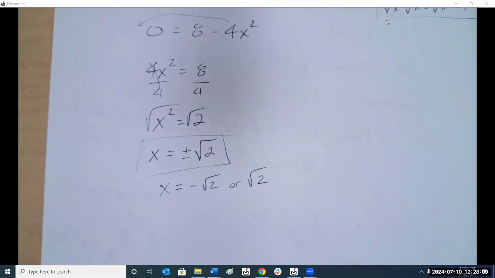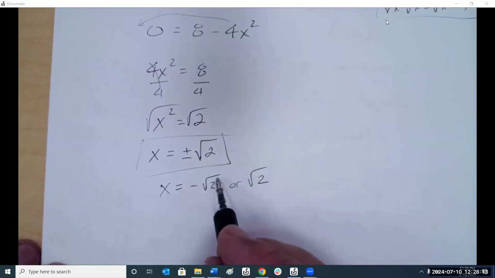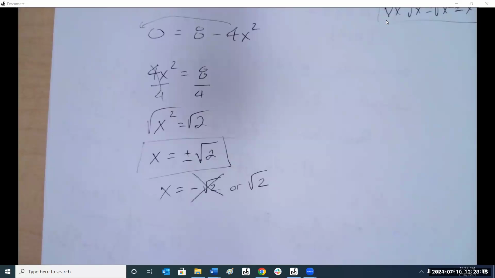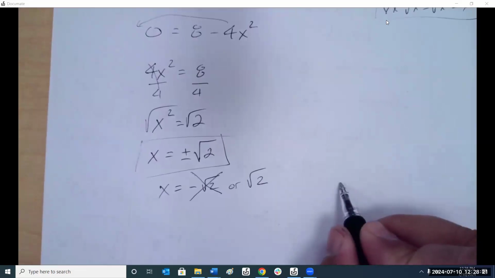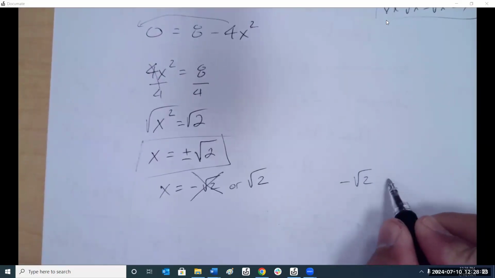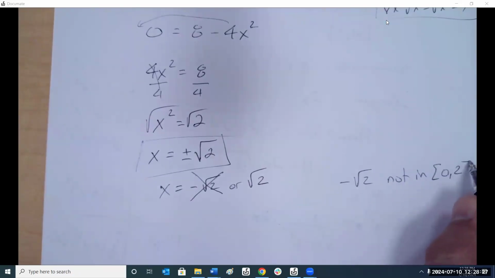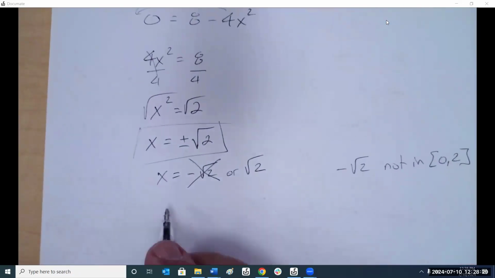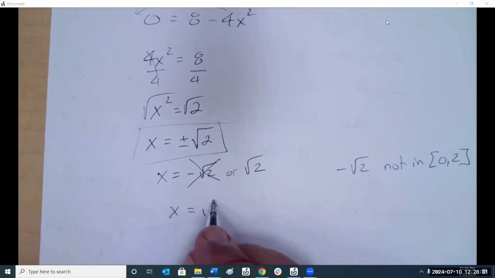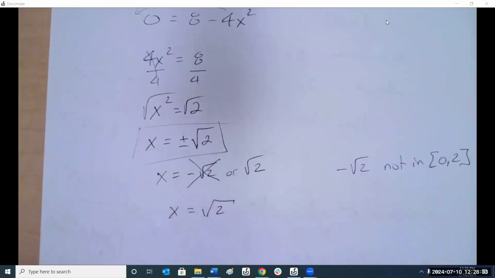What can you say about those? Can't be negative because it's not in our domain. Our domain is between 0 and 2. So the only value we have is that.